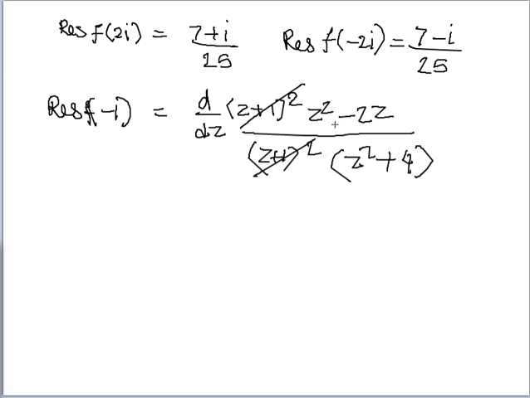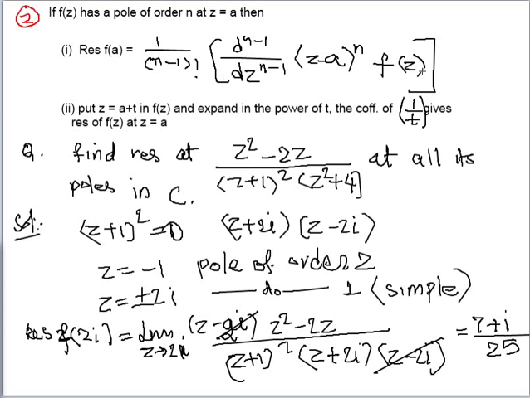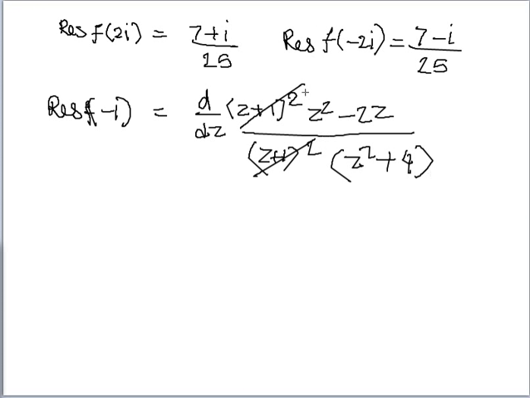After differentiating, we put z equal to a at the end. I forgot to mention that at the end you put z equal to a. So here at the end, when we differentiate, we put z equal to minus 1.